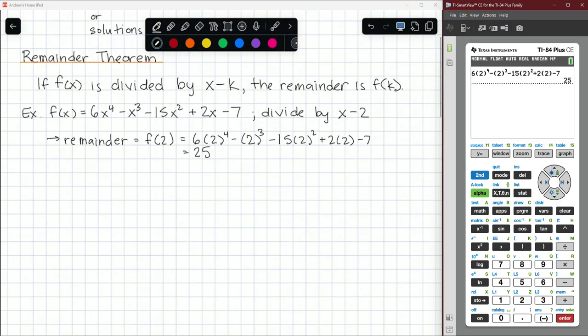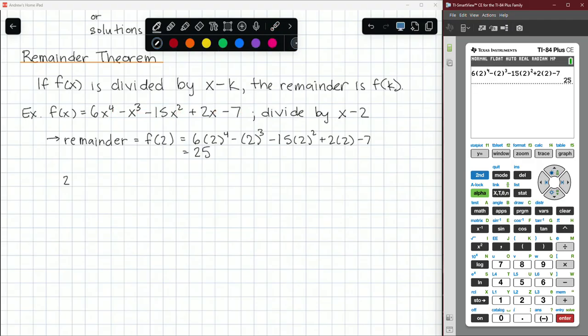So let's go ahead and do that synthetic division. I know that the k, which is 2, goes out in front. And then I'm going to write the coefficients of the polynomial. Looking at f of x, I don't see any missing terms: fourth, third, second, linear, constant.